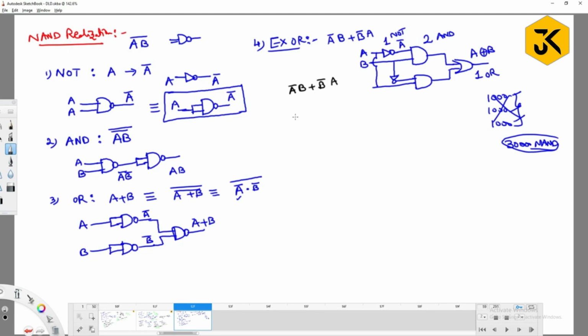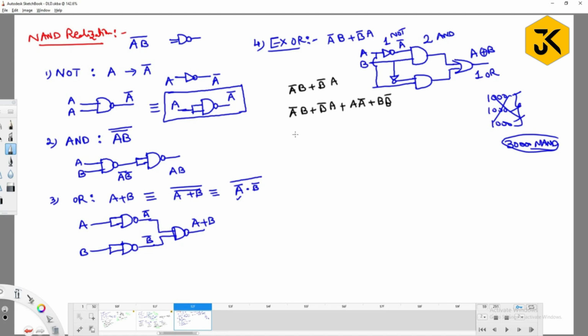So A bar B, B bar A, I will try to add A bar A. Is there any problem? A bar A is 0, B bar B also 0.